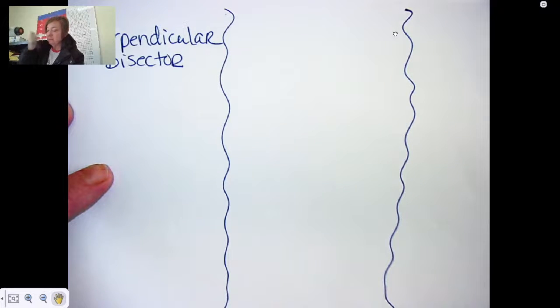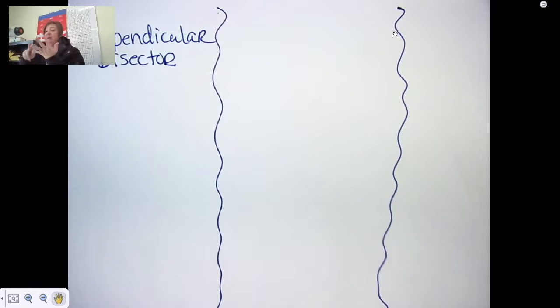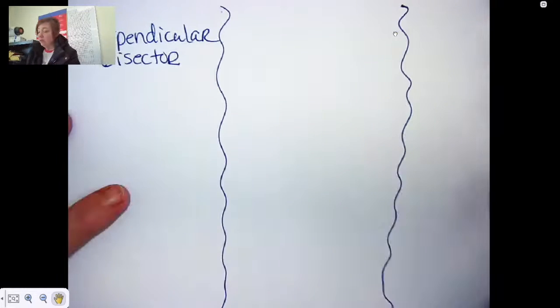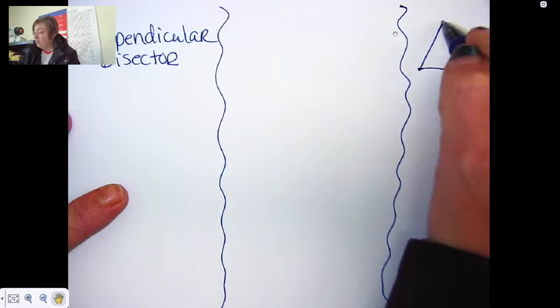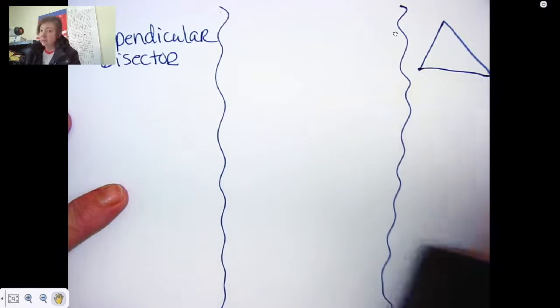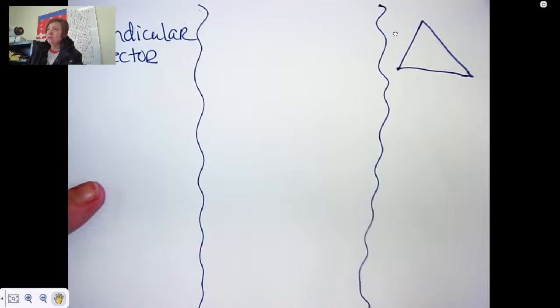Perpendicular bisector. It's going to be cutting something in half at 90 degrees, right? So, think about a triangle with me. I'm going to sketch out a little triangle here. What could we cut in half at 90 degrees on a triangle?